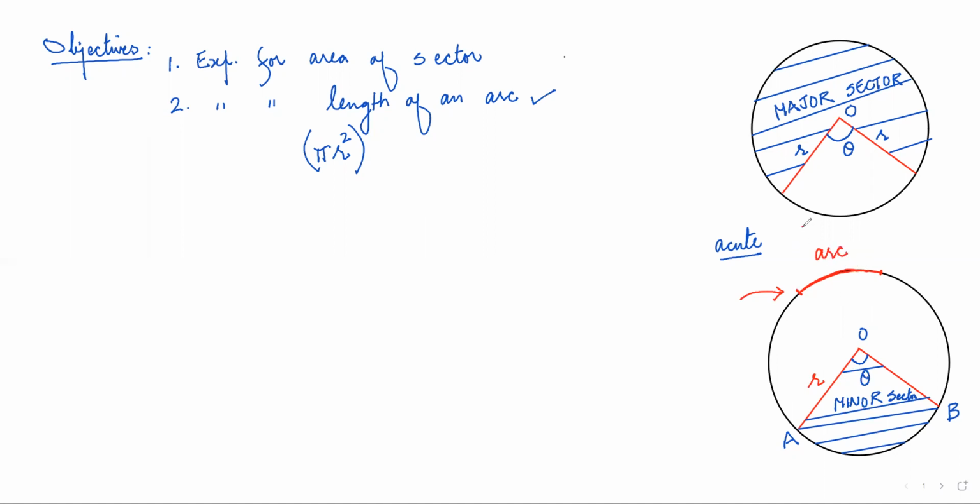Corresponding to this arc which is small, this is the minor arc, then this arc would be the major arc, which is shown by black color. Right students? So if I say PQ, there is one PQ which is the minor arc, and again there is one PQ which is the major arc also.